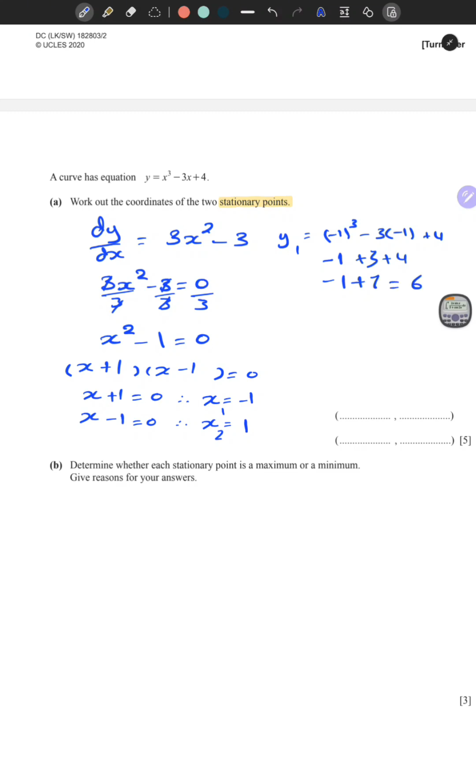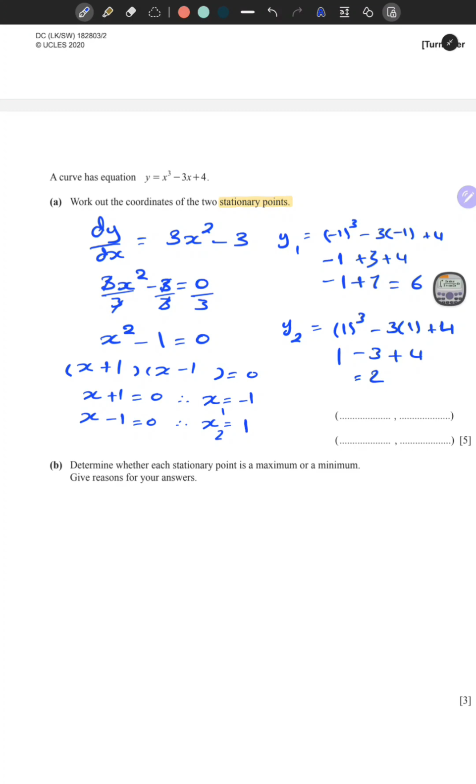And y2 will be equal to 1 cubed minus 3 times 1 plus 4. That will be equal to 1 minus 3 and then plus 4, so that will give us 2.